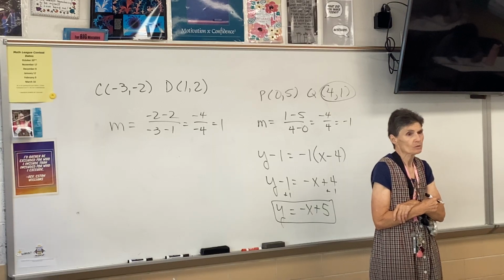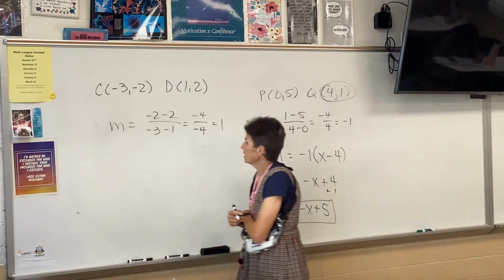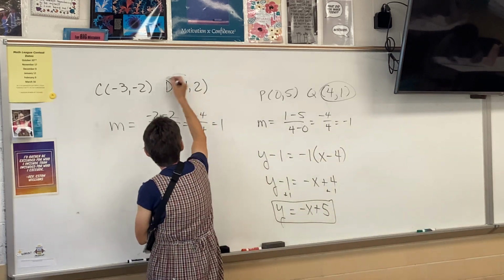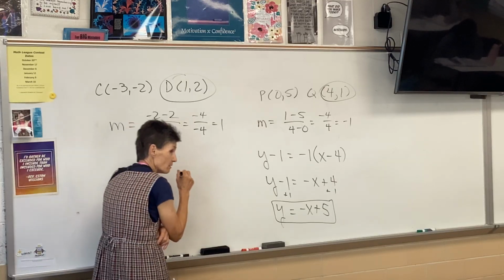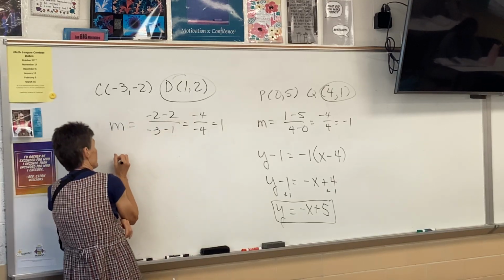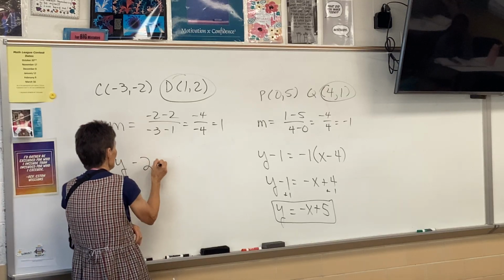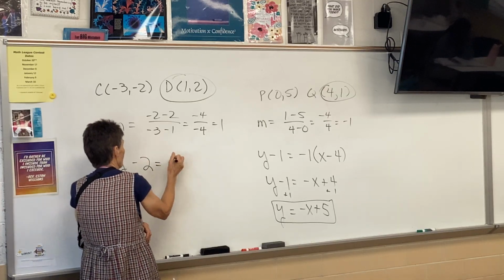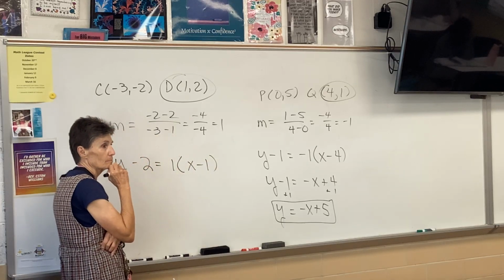Do you get 1 for your slope? Yeah. Okay. Shall we use this point? Yes. Does it matter? No. So we're not gonna get all hung up about that. So y minus 2 equals 1 times x minus 1.